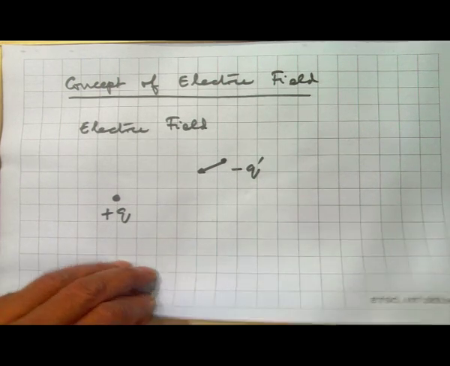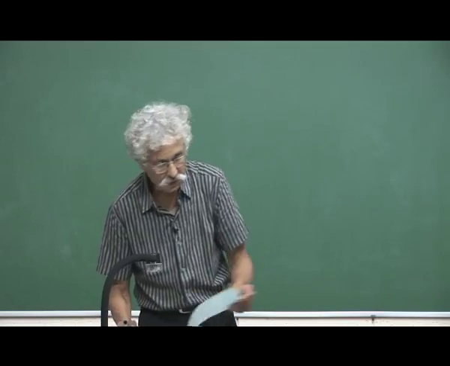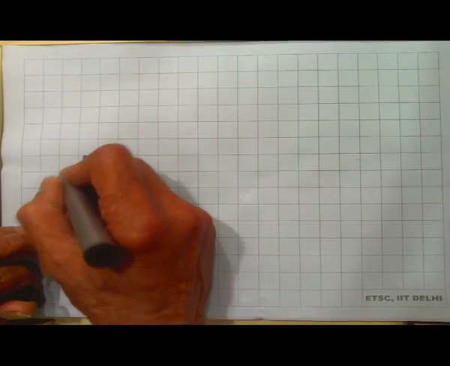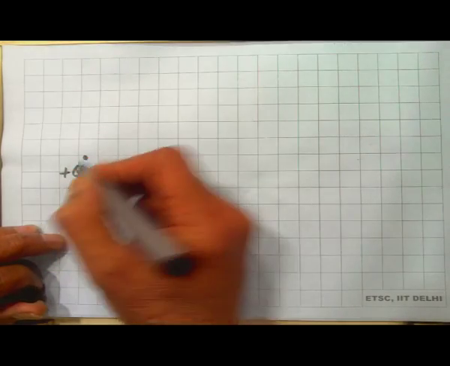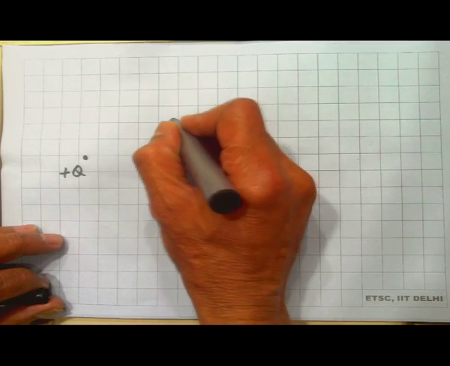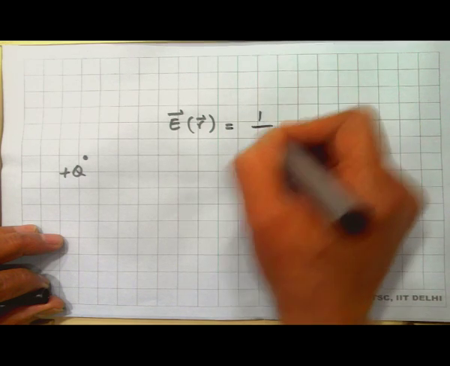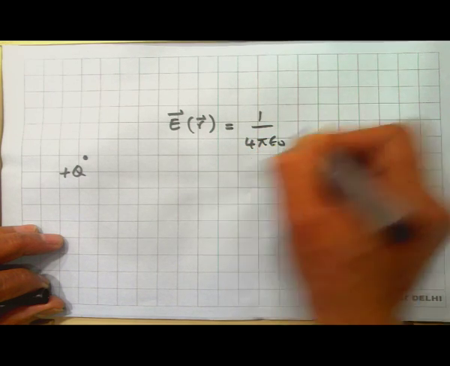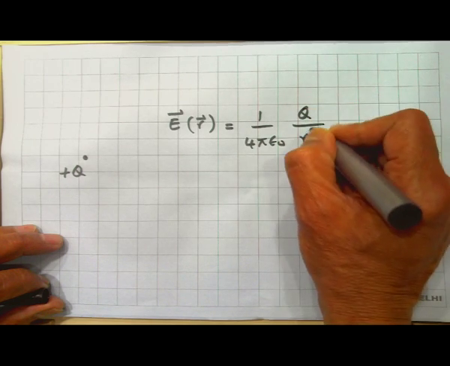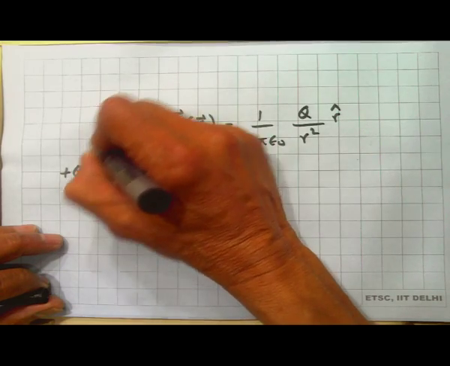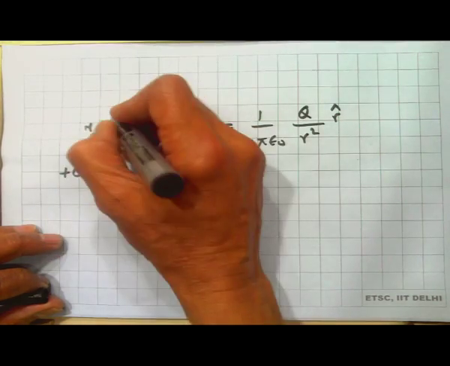So, if you have a charge plus q here, then the electric field set up by this charge is given by 1 by 4 pi epsilon 0 times q by r square times r cap, where r is the distance, this one, and this is r cap.